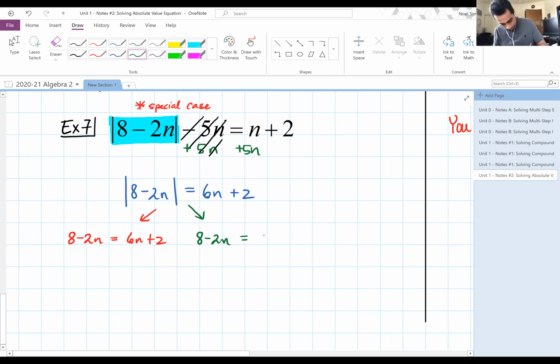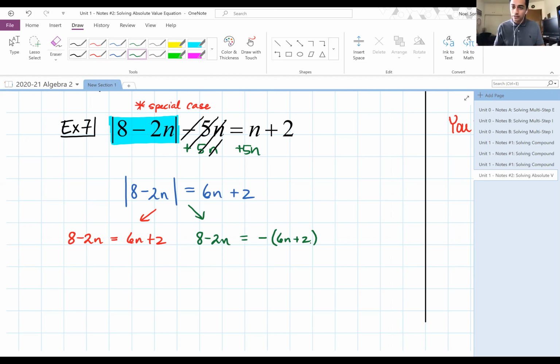So it's going to be equal to the negative of the entire thing, 6n plus 2. So you see, I wrapped it in parentheses, I multiplied it by a negative to ensure that I'm setting it equal to the negative of the entire thing, right? So 1 is my original. The second equation will be equal to the negative of 6n plus 2.